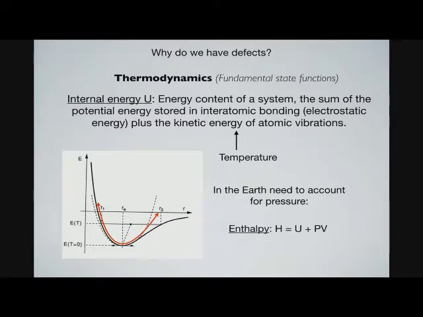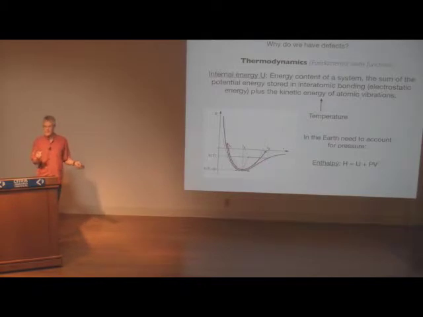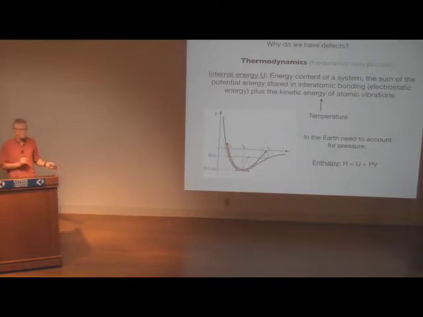That's another important distinguishing aspect to material sciences in general, that material sciences don't have to worry that much about pressure, whereas we really do in the Earth, even in the upper mantle. Pressure has important effects on this. And therefore, we talk about an enthalpy rather than just an internal energy. So just as a reminder, that is in the back of all of what I'll be talking about, that we always have to think about pressure as well.